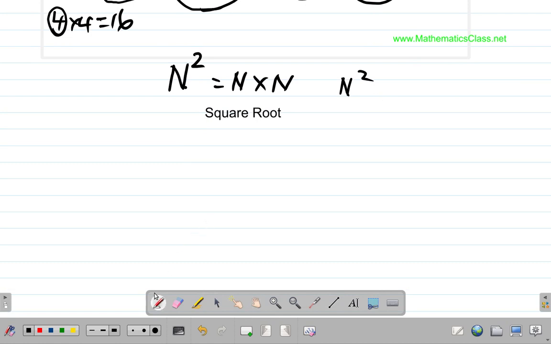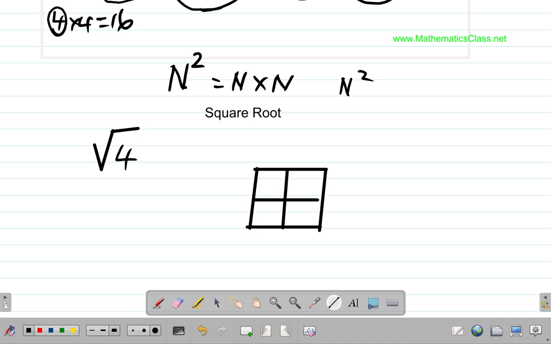So here, the square root of 4. Now when you write the square root sign, just write it like that. The square root of 4. What will the square root of 4 be? Say you have one big square with four smaller squares in it, so you have 1, 2, 3, 4. The square root of 4 is the length of the side of the square.